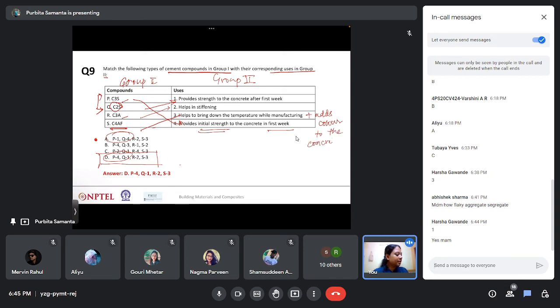due to the presence of ferrous material. So this particular element, ferrous, gives color to the concrete. Okay.